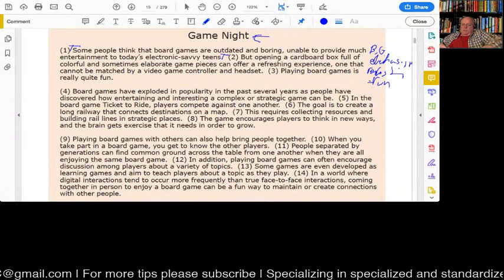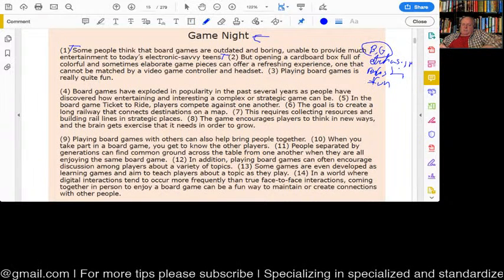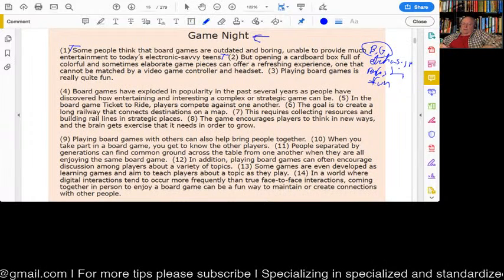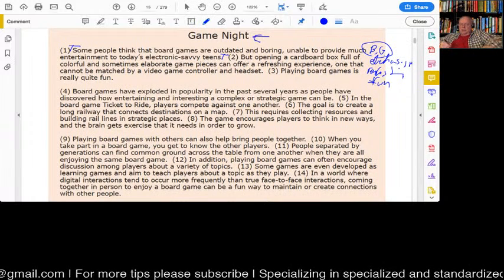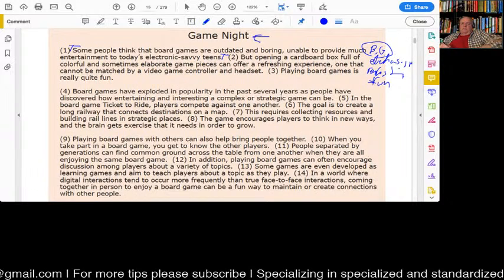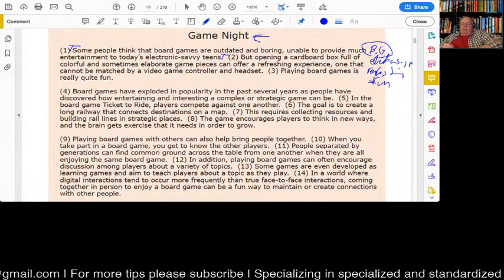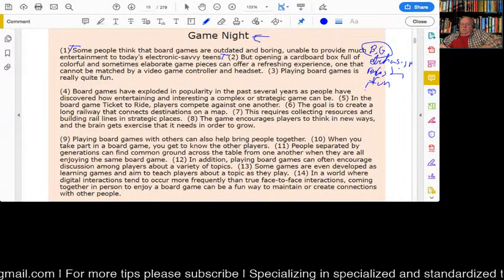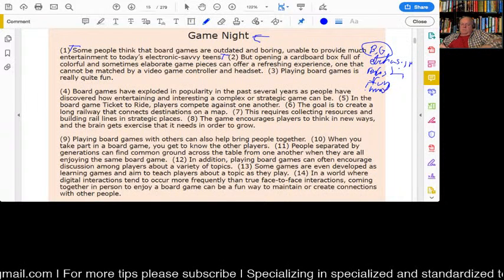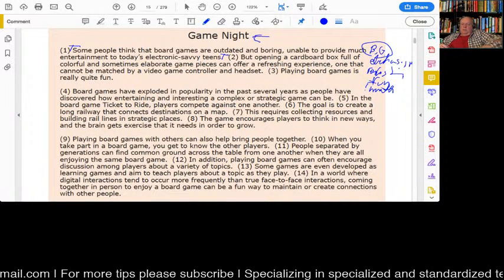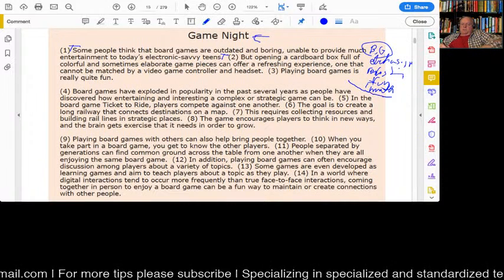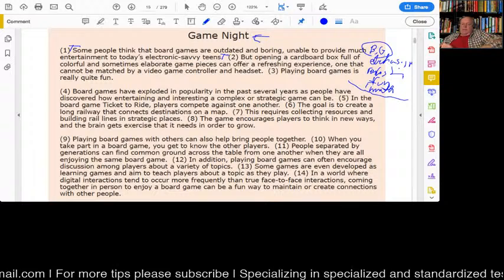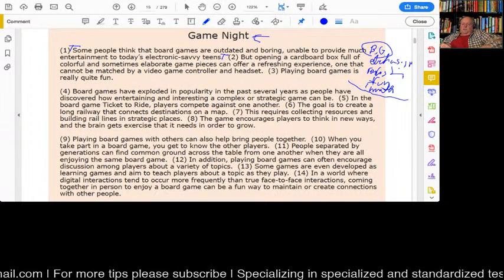So it gave us some facts about board games. It's an alternate to the electronic. They're refreshing and they're fun and cannot be matched. So I'm going to put my own code, which is an exclamation point, matched. They're giving me some facts about it. And this is kind of my annotations for this first paragraph.